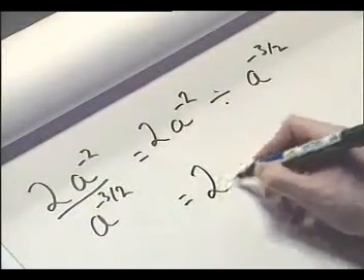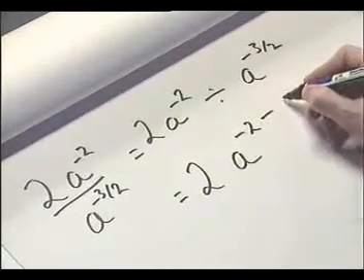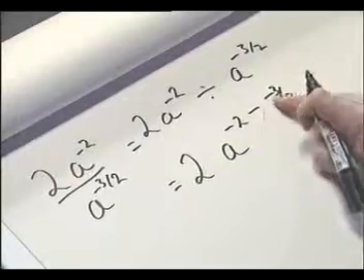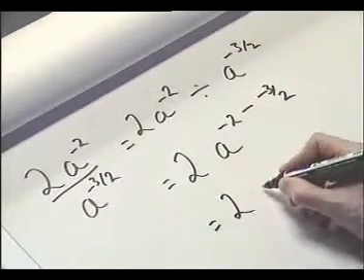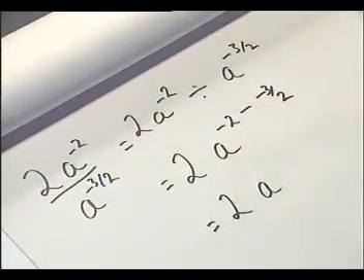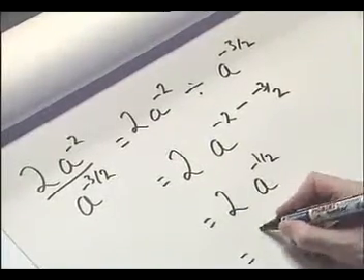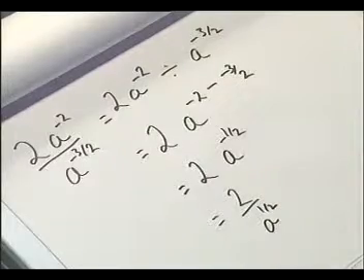So this is 2a to the minus 2 minus minus 3 over 2. Of course, that means effectively we've got to add on the 3 over 2. So we get 2a to the minus 2 plus 3 over 2, which is minus a half. And so that's 2a over a to the half.